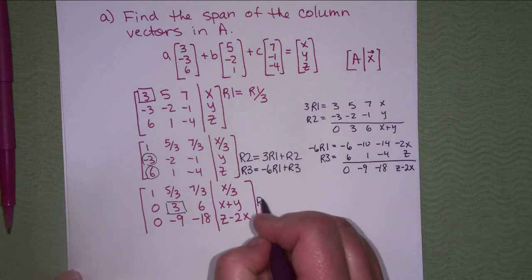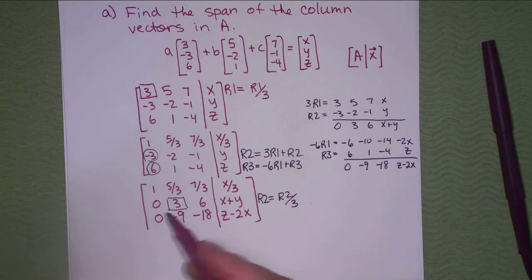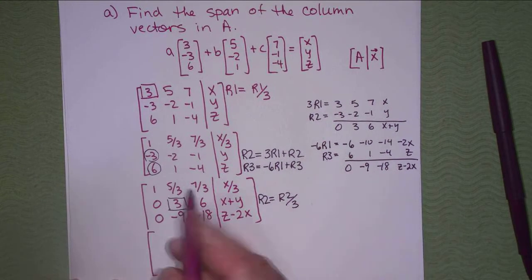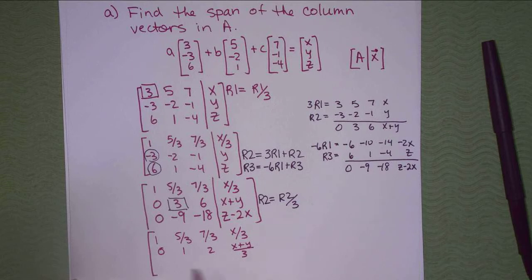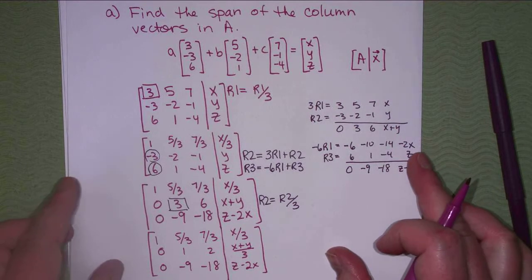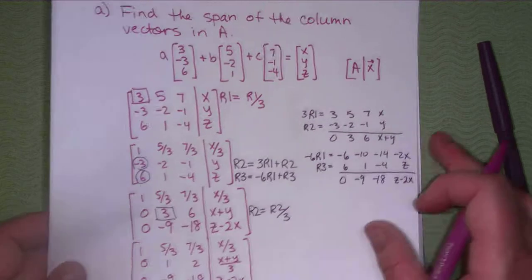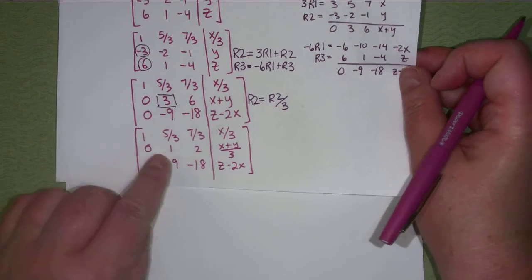So this is in row 2, and I want to take row 2 and divide it by 3. Okay. Now, all of that, what I just said, is basically worry about the bottom, don't worry about the top where there's already a lead 1, worry about this bottom row.